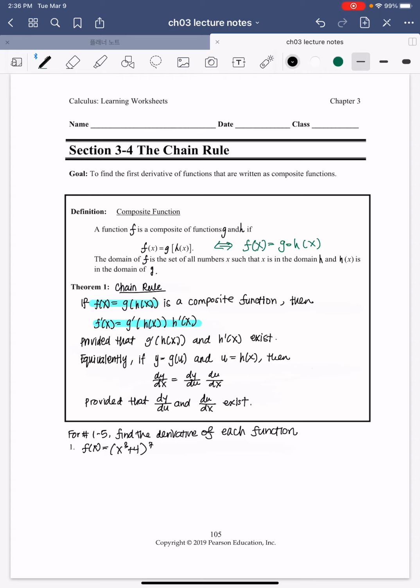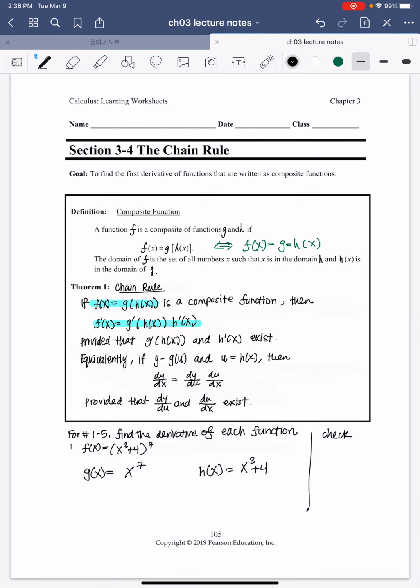So let's write it out. I have g of x and h of x, and I'm going to let h of x be x cubed plus 4. Then where do we plug it in? That's the outside function. We plug it into something to the 7th power, so g of x is x to the 7th power. Now let's check, since this is our first one.